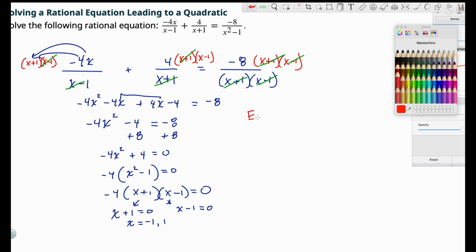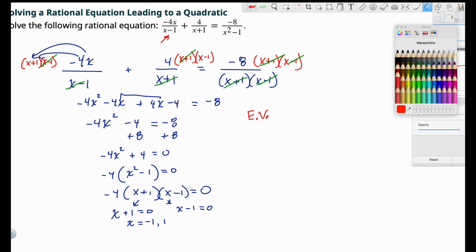excluded values. If I were to plug these back into the original equation, will it work? So if we see right here, this x minus 1, do both these solutions work? Let's see, if I put a 1 in here for x, we would have 1 minus 1 in the denominator, and that means I would be dividing by 0.